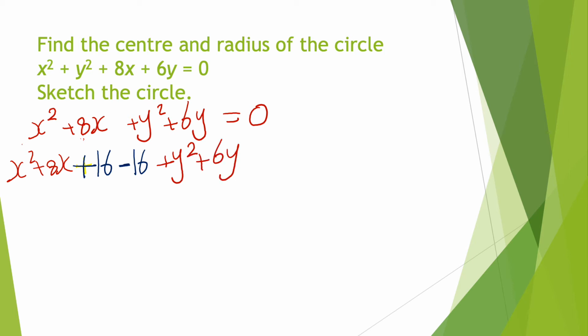So b in the y, remember b, I'm talking about ax squared plus bx plus c. So the coefficient of x is the b. Here the coefficient of y is 6. Half it is 3. Square it is 9. So I'm going to add 9 and subtract 9.